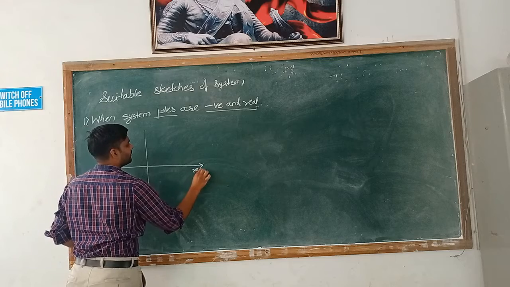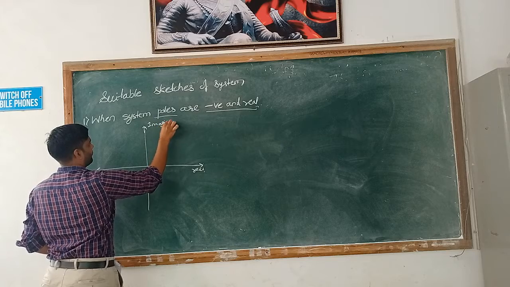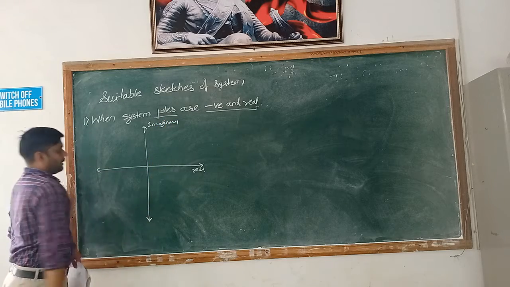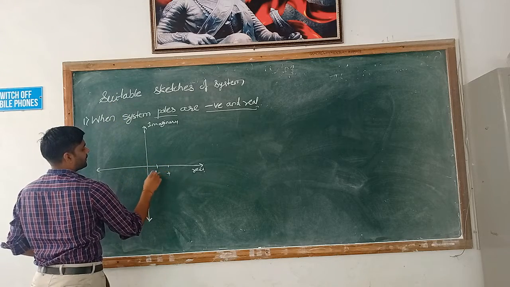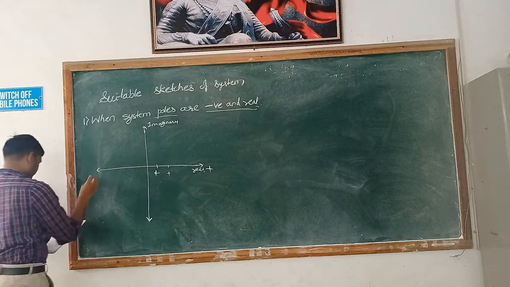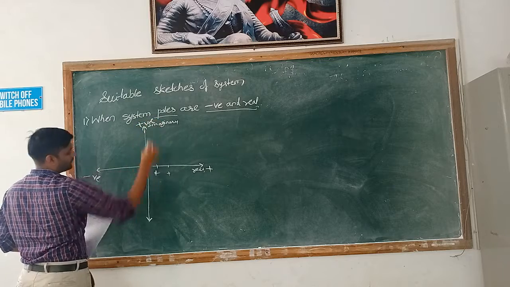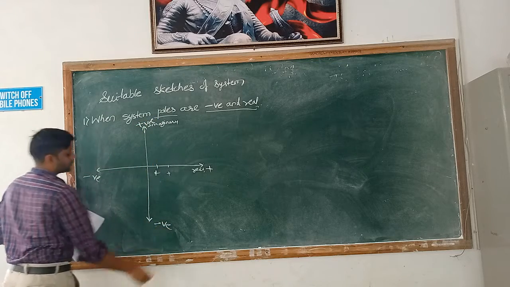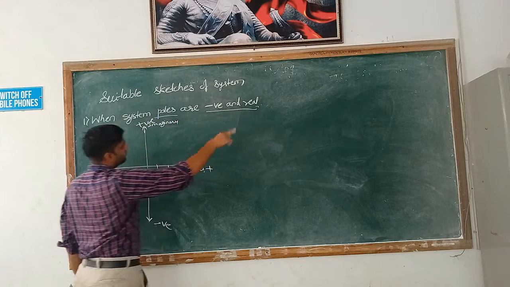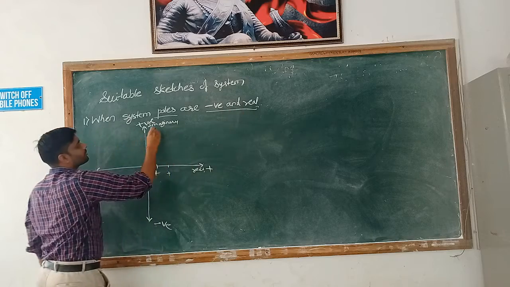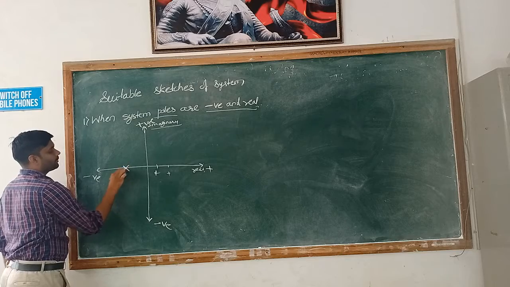This is the real axis, this is the imaginary axis. These are the positive side values, like 1, 2, and these are the negative. Again on the imaginary axis, the positive value is on the top and the negative value is on the bottom. If our system poles are negative and real, real means there is no imaginary part, so our poles will be lying on this axis.